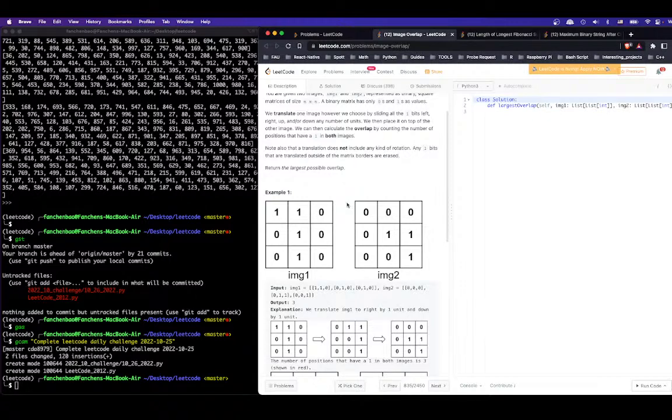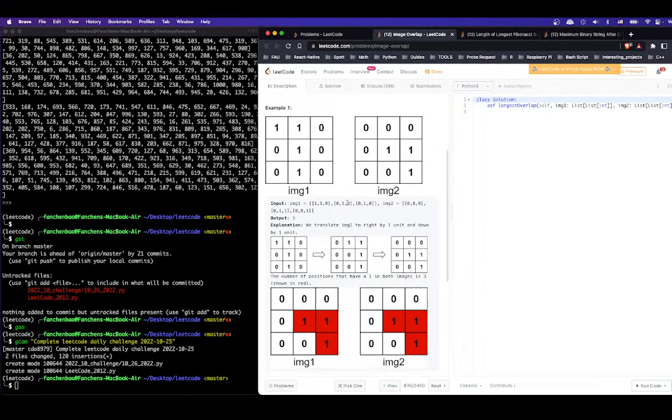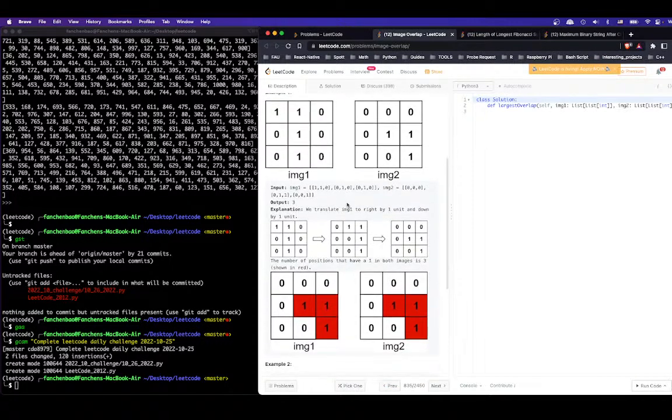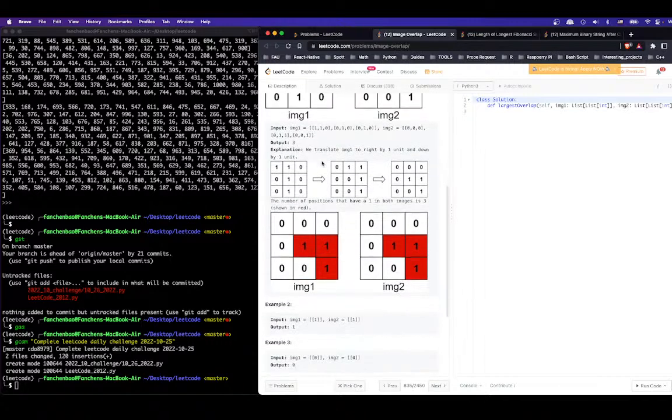Have a 1 in both images, so that's a 3. Maximum overlap? Not even the maximum. We can also move this. That'll also be 3.